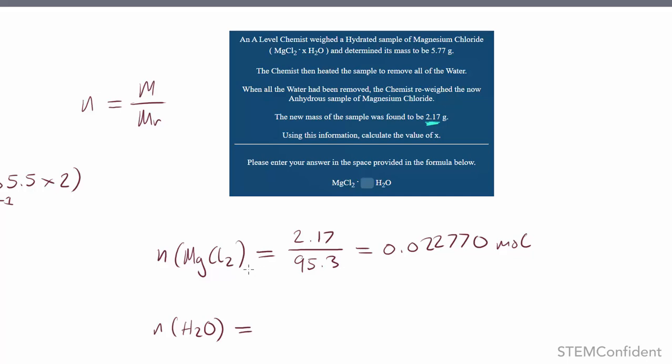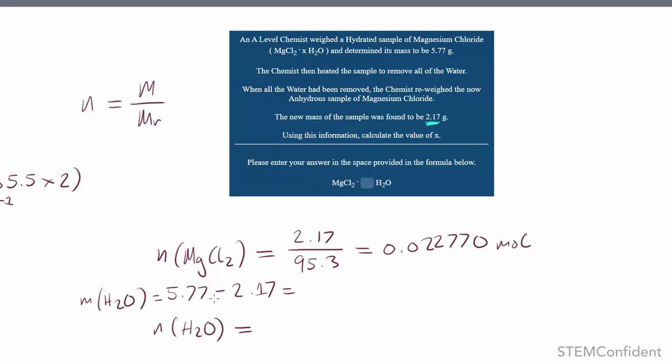So if we do 5.77 minus 2.17, this is effectively the mass of H2O.